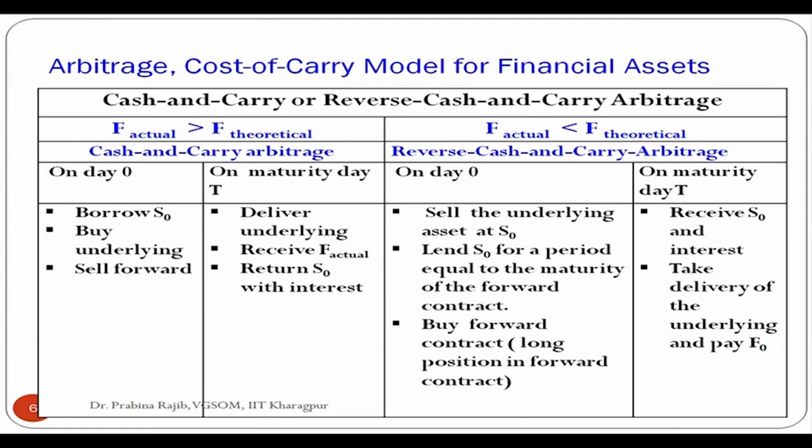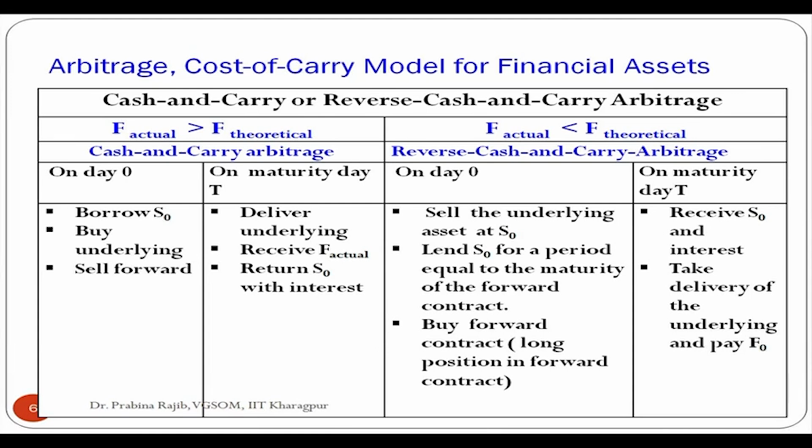F actual is less, so we will be buying the forward contract, and on the maturity date T we will receive S0 with interest. We will take delivery of the underlying from the forward contract and we will be paying F0 as part of the forward contract.